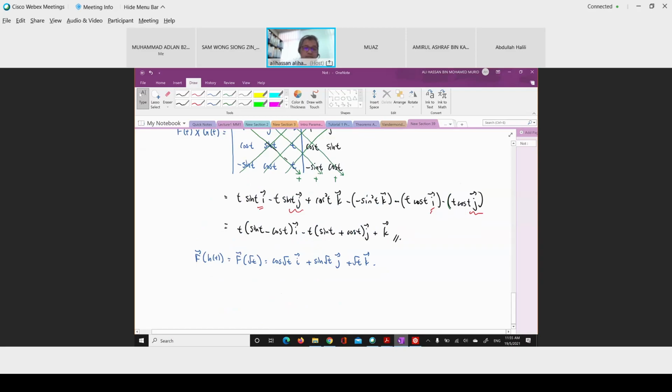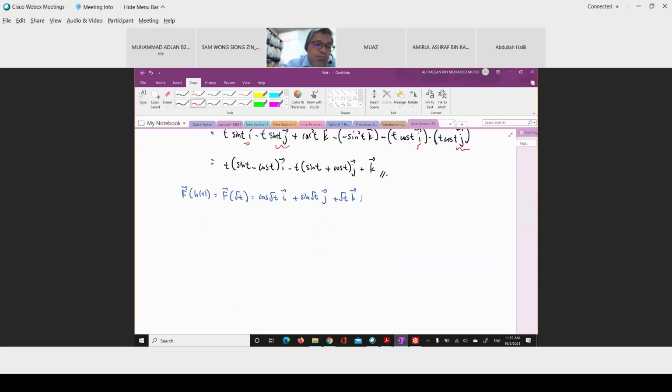So, for example, suppose we are given a vector valued function g of t equal to t i plus t sine t j plus e to the minus 2t k.